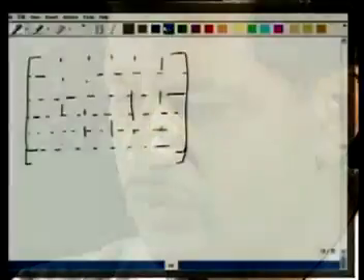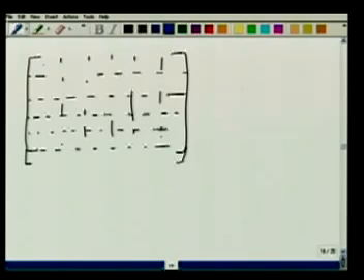In that matrix, for the first row, only the first column and the second column are going to be non-zero. For the second row, the first column, that is the I minus 1th column, the ith column and the I plus 1th column are going to be non-zero. Everything else is going to be 0. For the third row, the second column, the third column and the fourth column are going to be non-zero. For the fourth one, you will have the third, fourth, and the fifth.